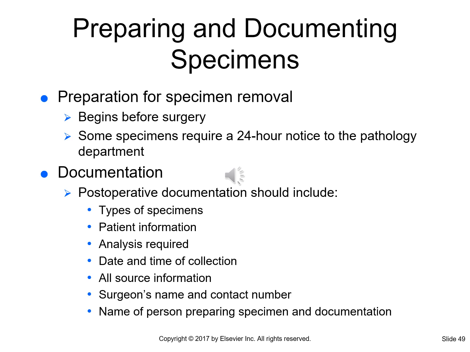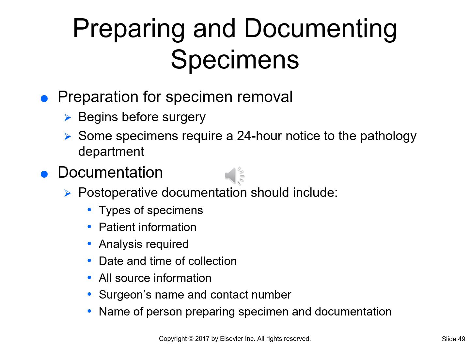So again, preparation for specimen removal begins before surgery. Some pathology departments need a 24-hour notice before we remove it. But when we document a specimen, we use patient identifiers, okay? And there's 6 that must be verified. So there's 6 patient identifiers that we must verify.